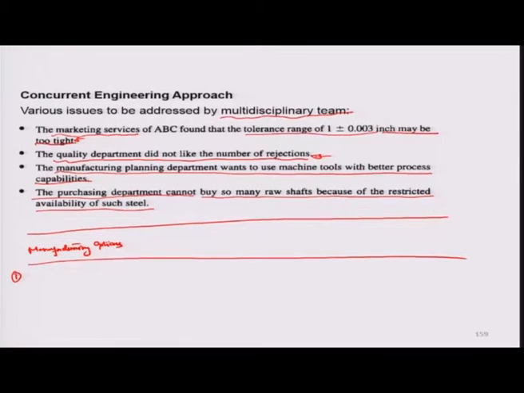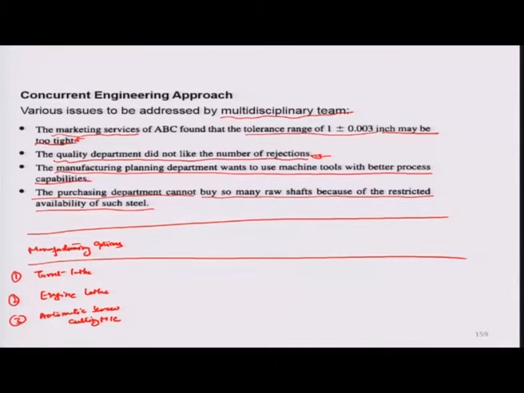So there is a turret lathe which you have already tried while doing the serial engineering approach. But apart from that, the planning also sees that there are two more machines, engine lathes and the automatic screw cutting machine, which could be used to give you a better capability for processing the products.